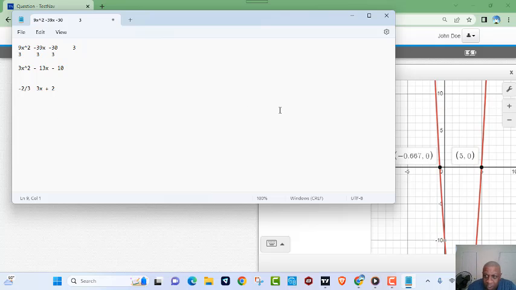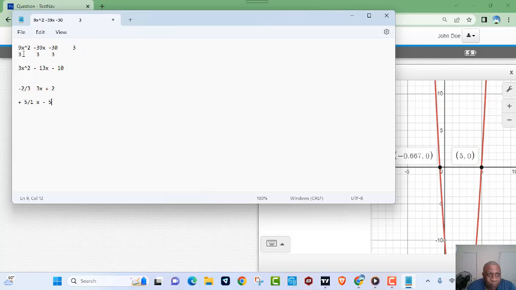Then we have positive 5 here, which is simply 5 over 1, a fraction. Looking at your denominator, 1x, so simply it's x. Here we have a positive, so this is going to be a negative, and then your numerator becomes your constant: x minus 5.